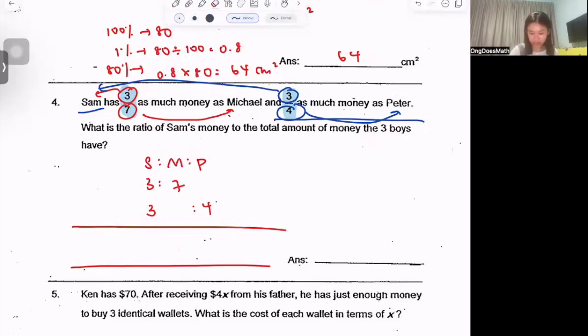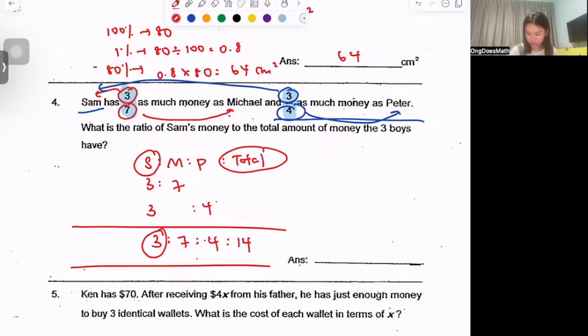We can just keep it as it is. So Sam has 3, Michael has 7, and Peter has 4. The total will be 3 units plus 7 units plus 4 units, which gives you 14 units. That's why the answer is 3 is to 14, because Sam to total is 3 is to 14.